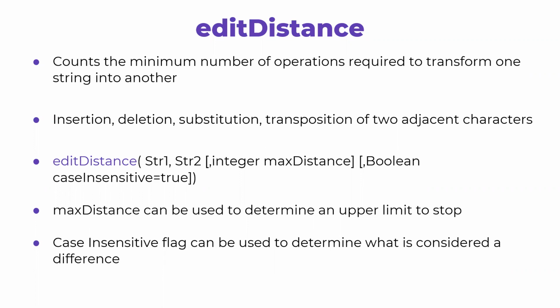Now, to use the edit distance expression within Ataccama, you would provide two strings as well as two optional parameters, one being the max distance and the other being the case-insensitive Boolean flag.